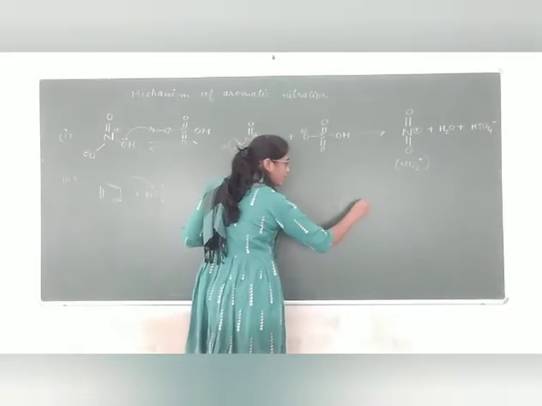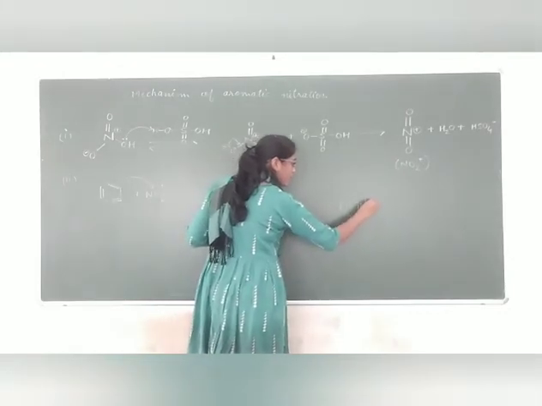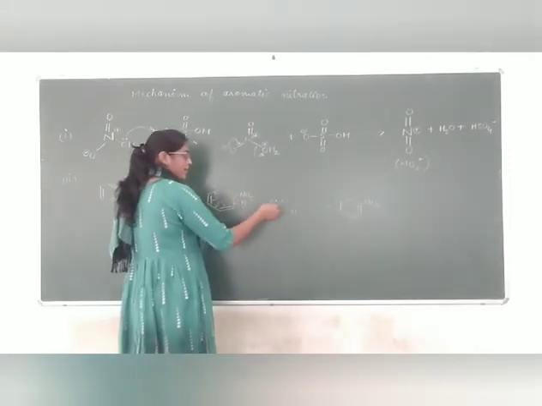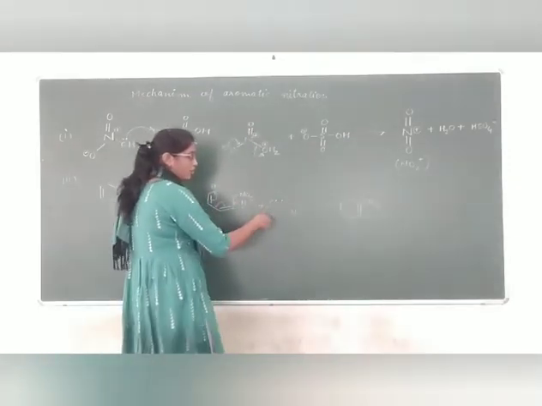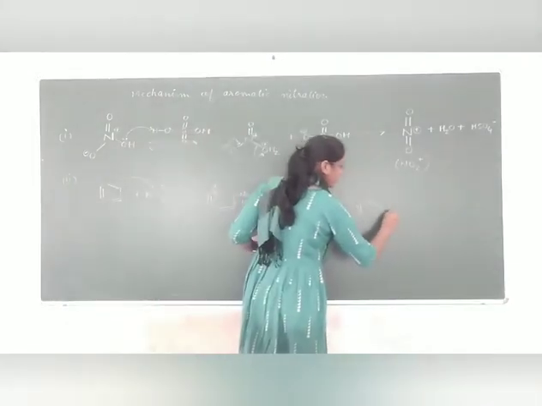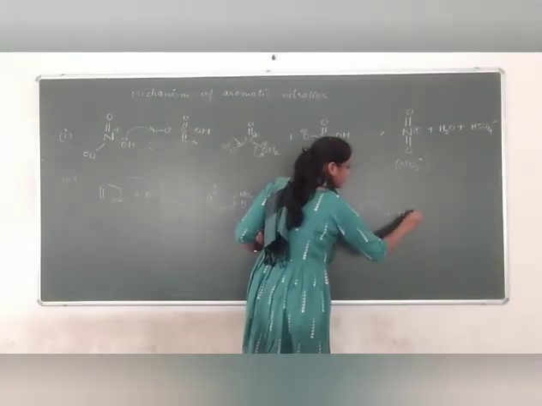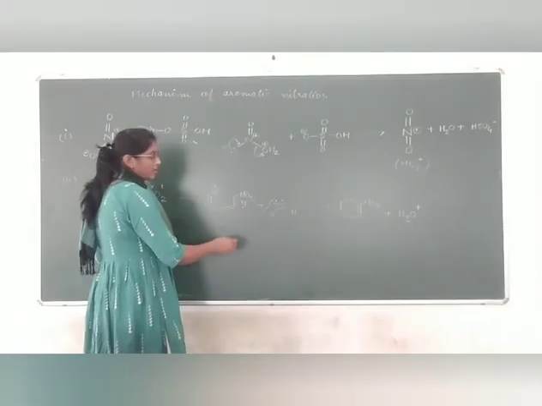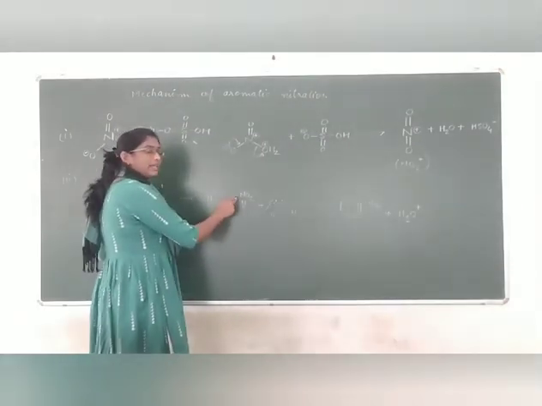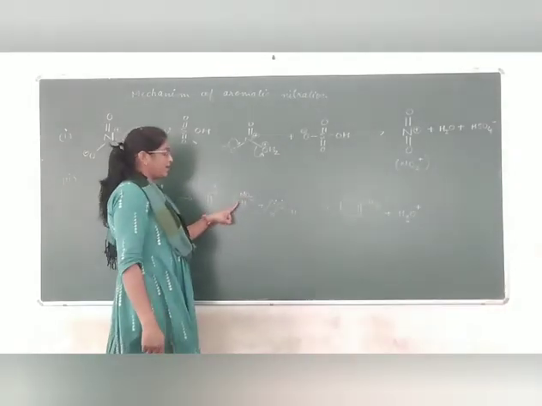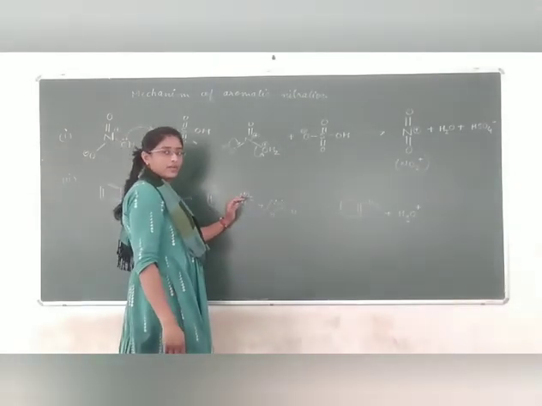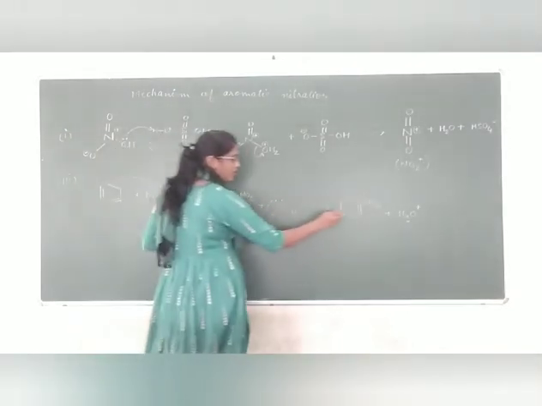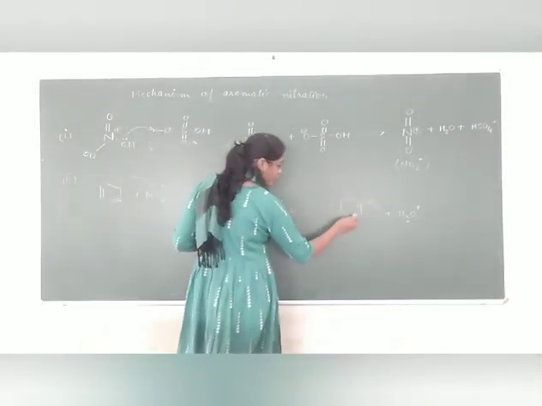First here, because of elimination of hydrogen, you can see hydrogen is taken by this H2O molecule, so we can write over here H3O plus, right? Means only the nitro group remains over here, and hydrogen is removed from here, and a new double bond formation over here.